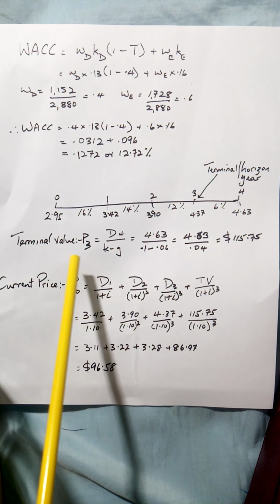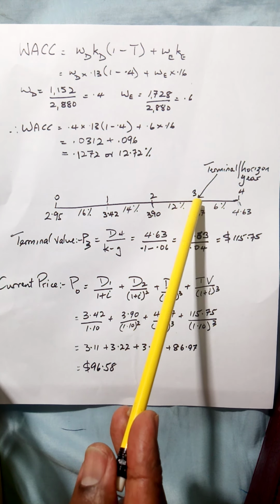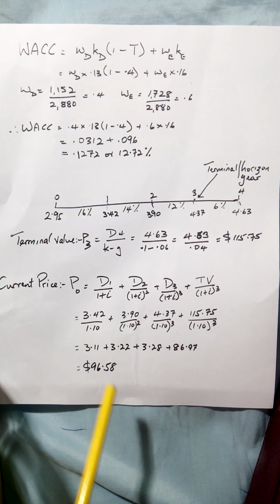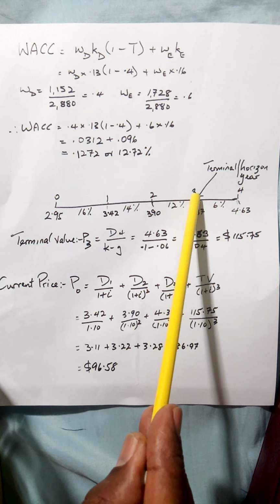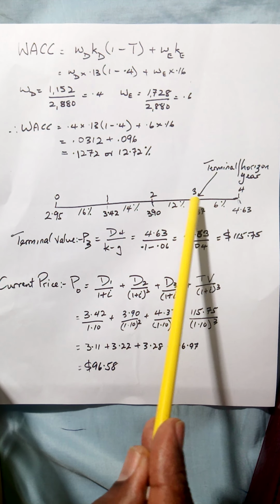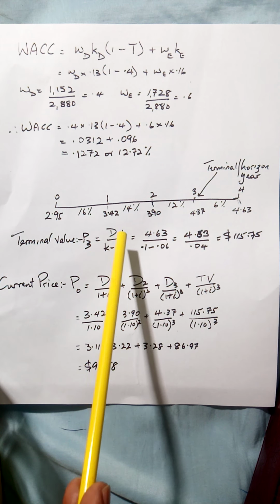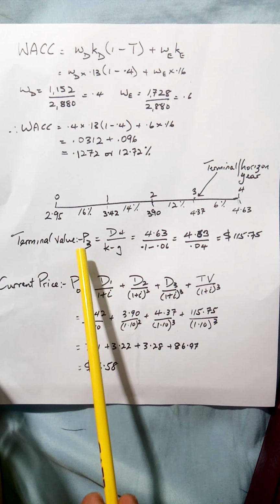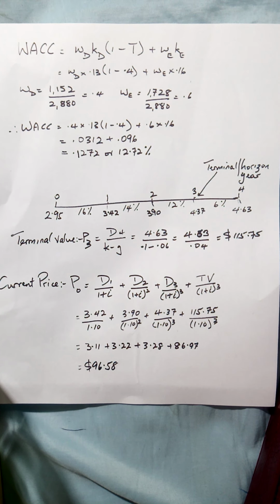The terminal value then, P3, since year 3 is our terminal year, the value we calculate for the terminal value is going to appear here at year 3. So year 3 will have a second cash flow. So we calculate our terminal value. Although we didn't put the general equation, you are familiar with it. It would have been P0 equals D1 over K minus G. That's a general equation.